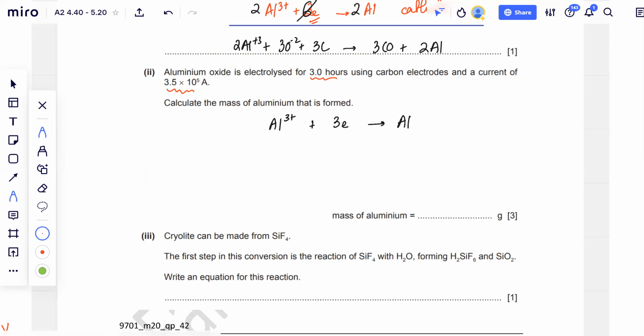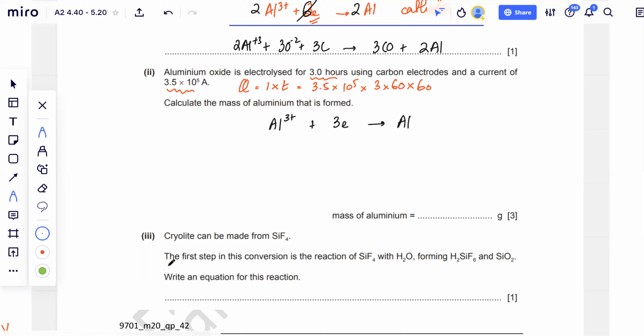Now using Q is equal to I into T, current into time. Current is 3.5 times 10 to the power 5 amperes, and you're going to multiply it by 3 hours, which is 3 into 60 minutes into 60 seconds.